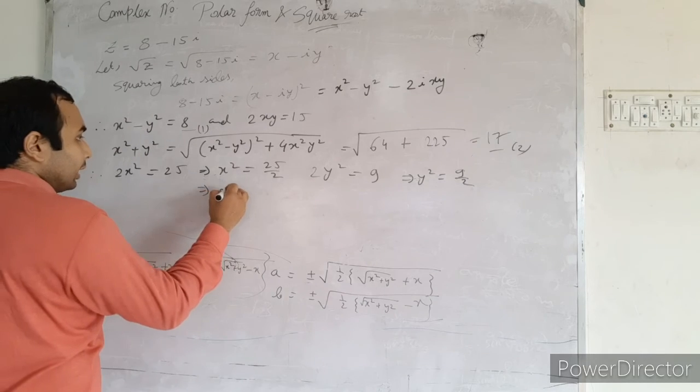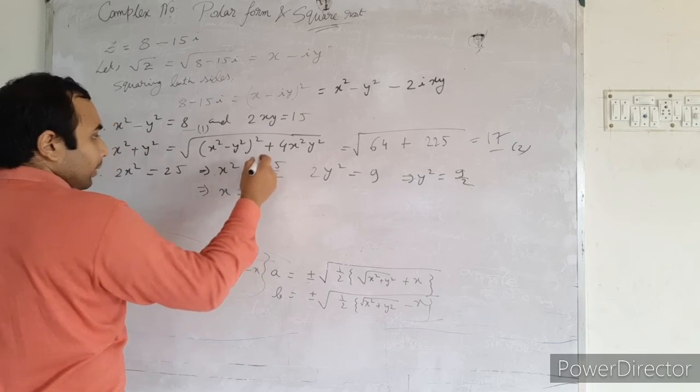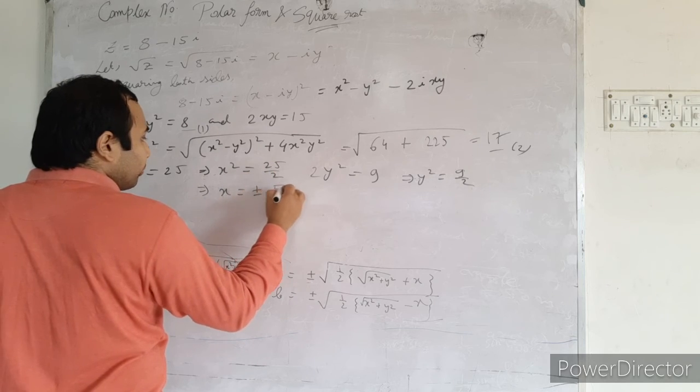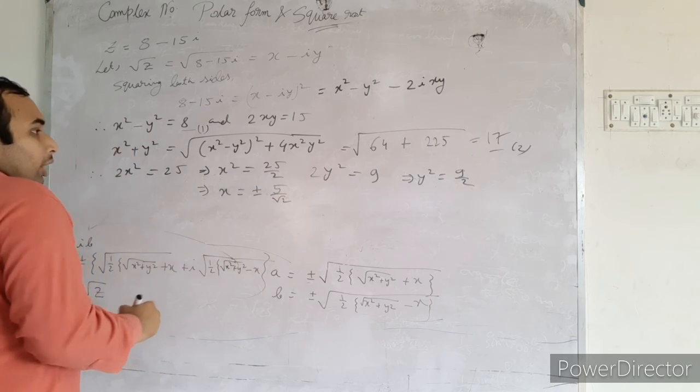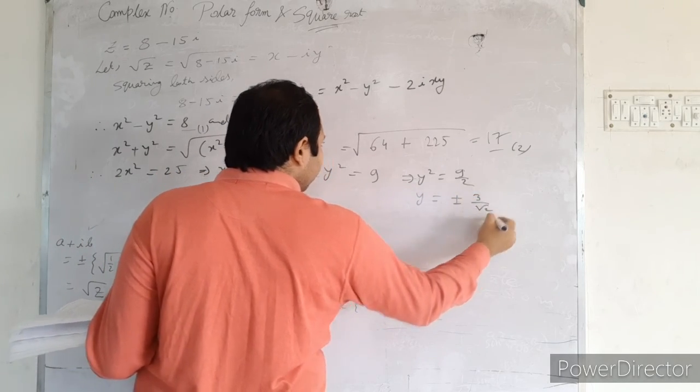So from here x equals plus minus 5 by root 2, and y equals plus minus 3 by root 2.